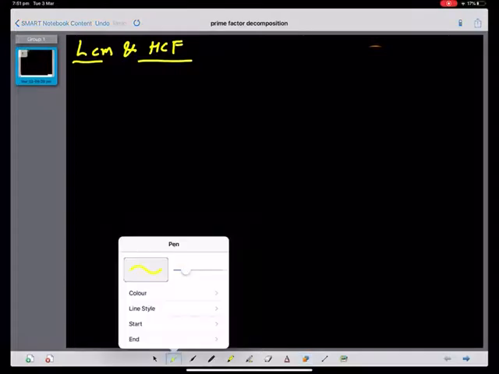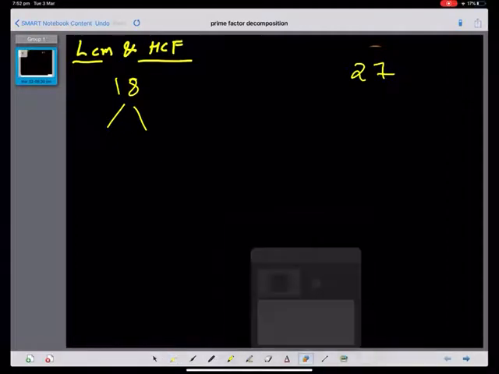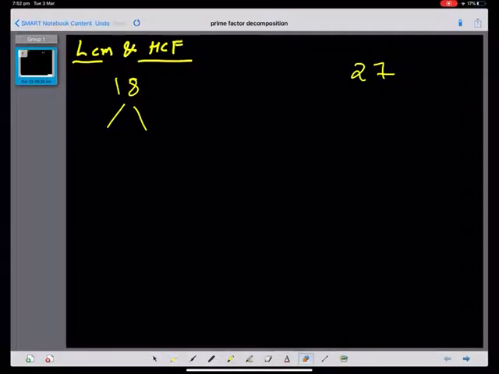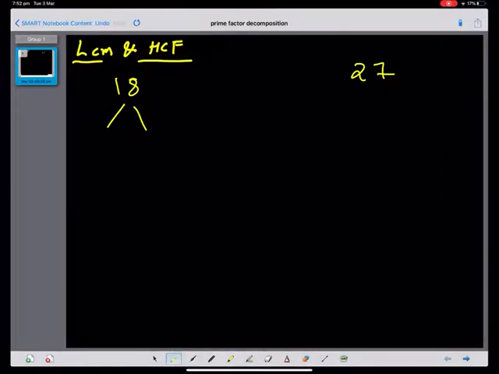Okay, so let's do 18 and 27. You should be able to factor this in prime factor decomposition. If you can't do that, please look at my video, prime factor decomposition.